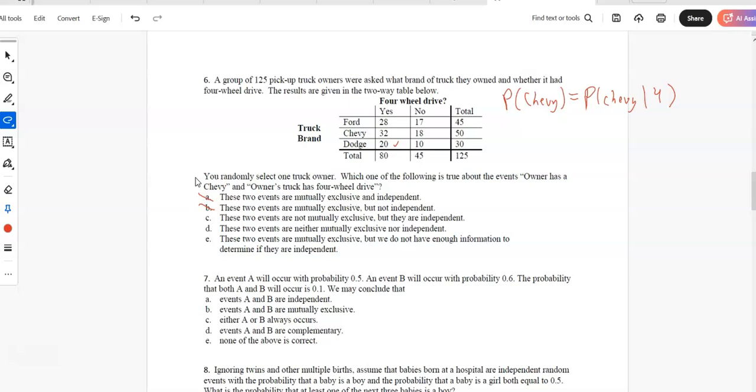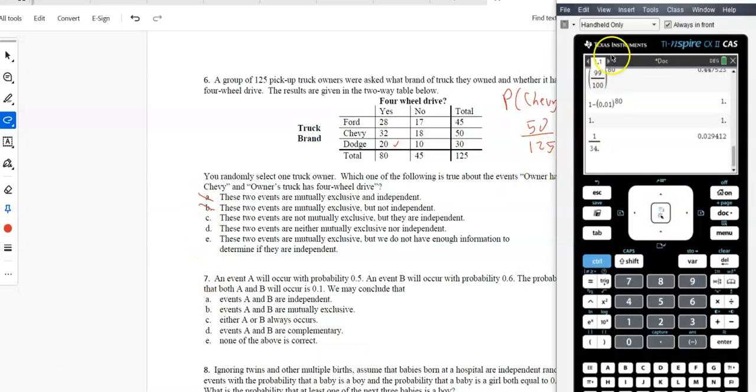Probability of Chevy is just 50 out of 125. And given you have 4-wheel drive, there are only 80 of those guys. Chevy is 32. So I don't know, let's just double check. Doesn't look like they are, but maybe they are. We'll see.